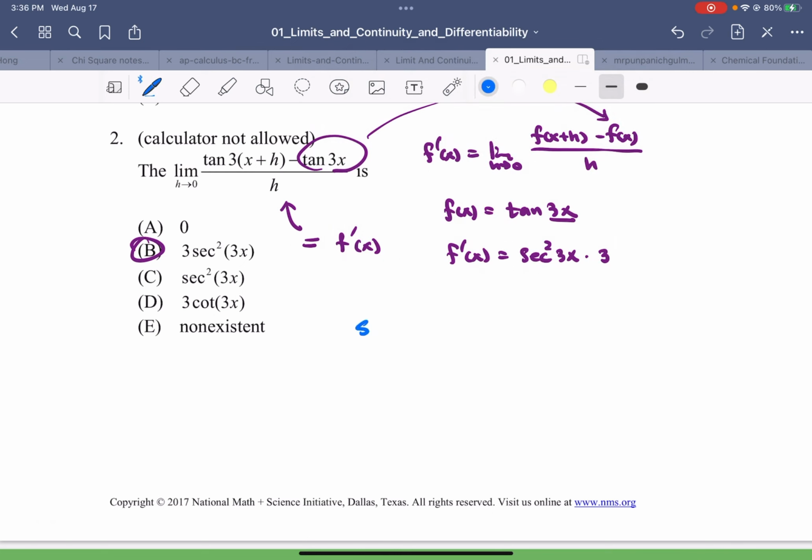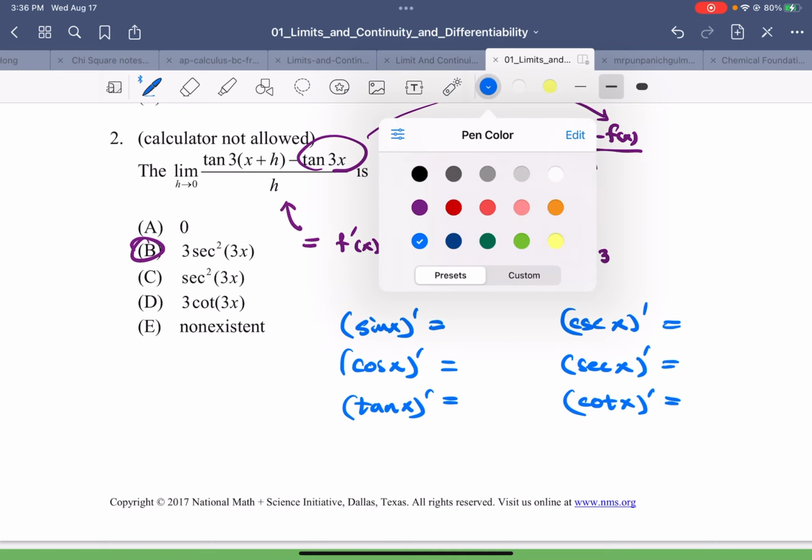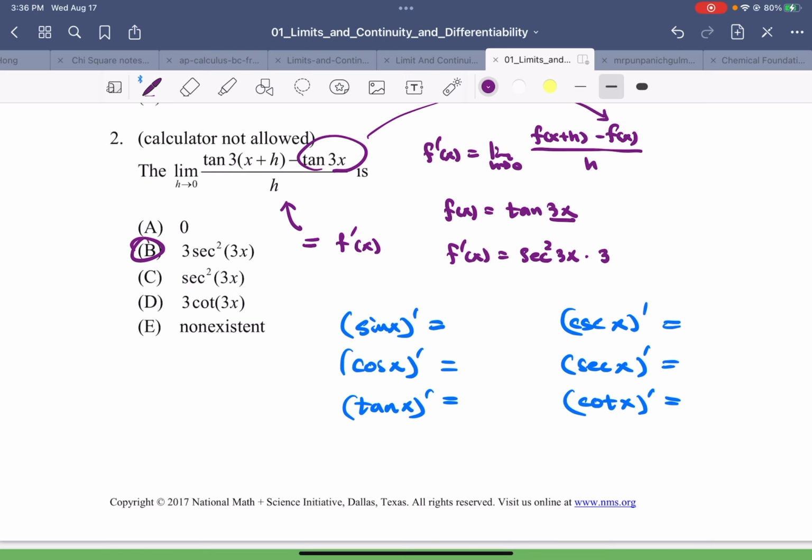Let's quickly go over derivatives of trig functions. When you take the derivative of sin x, you get cosine x. Tangent x, and 1 over sine is cosecant, and 1 over cosine is secant x. 1 over tangent is cotangent. Those trig functions, you have to memorize the derivatives. The derivative of sine is cosine x. The derivative of cosine is negative sine x. The derivative of tangent is secant squared.